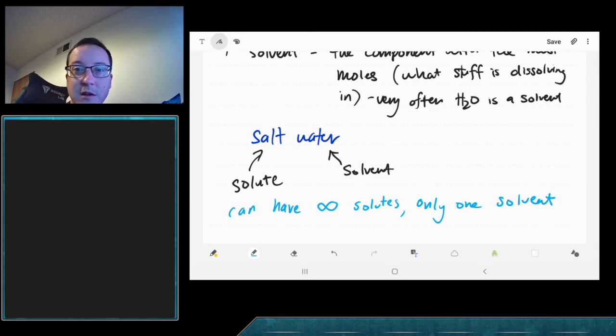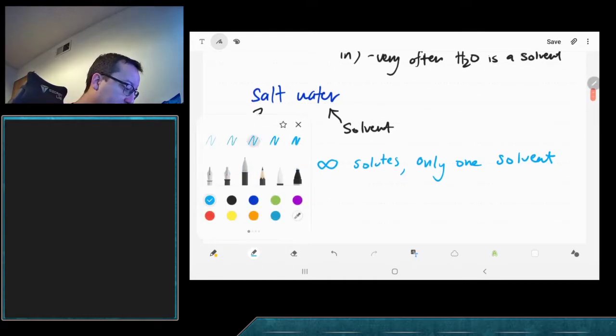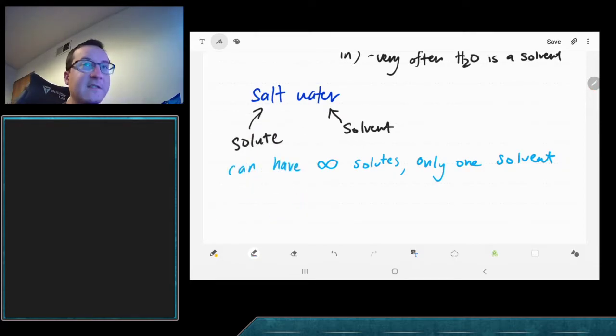For general chemistry, typically your solvent is going to be water as well, but we're going to see we have some other things going on here. Or at least right now we can talk about solutions that we can identify the solute and solvent for.